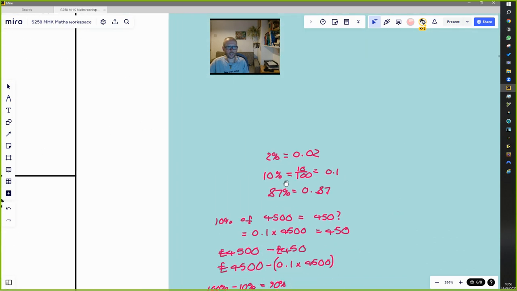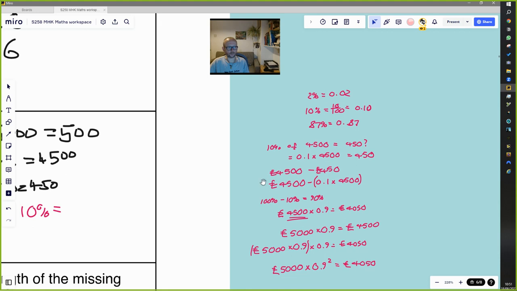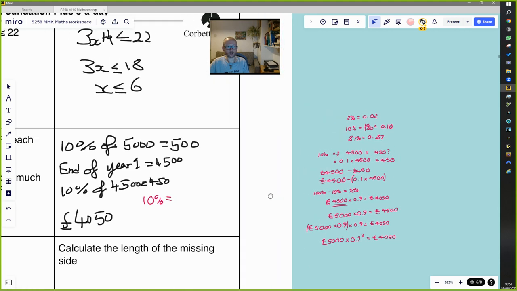So 87% becomes 0.87, 10% becomes 0.1, and 2% becomes 0.02. So we're shifting the numbers once, twice to the right. Okay, so that's how to do it the slow way.